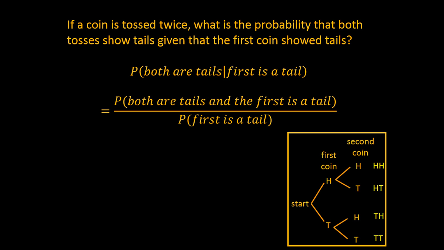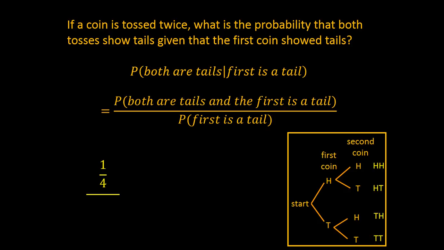Now to find these probabilities, we can look at the tree to determine the probability in the numerator and the probability in the denominator. In the numerator, we're looking for the probability that both are tails and the first is a tail, which only happens if both coins are tails. So that probability is 1/4.